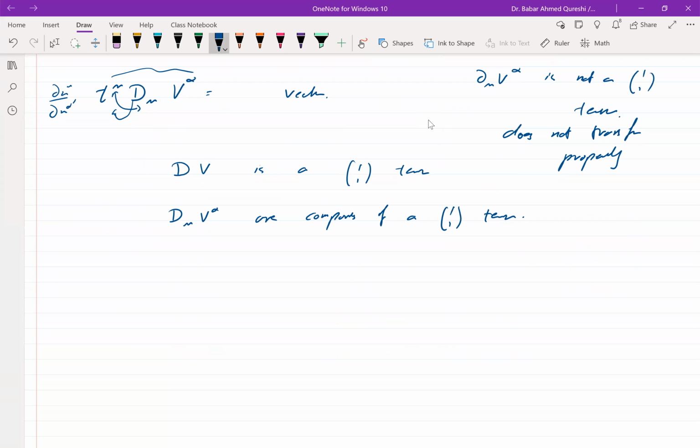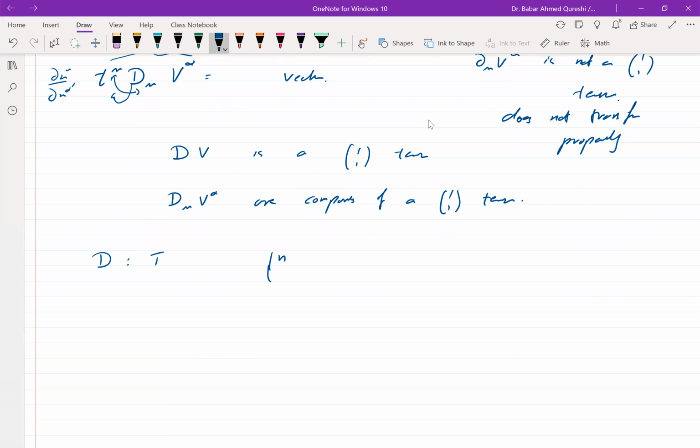And in general, what this d does when it acts on a tensor field T is that it takes an m by n field to an m, n plus 1 tensor. That's what it does.